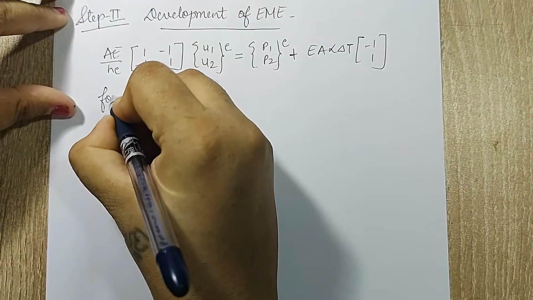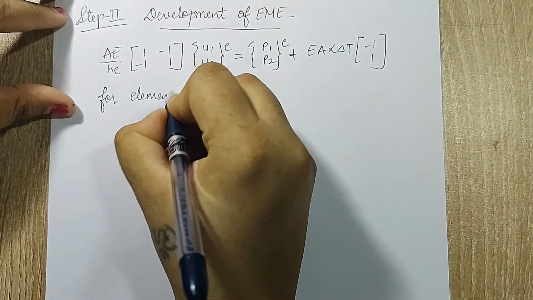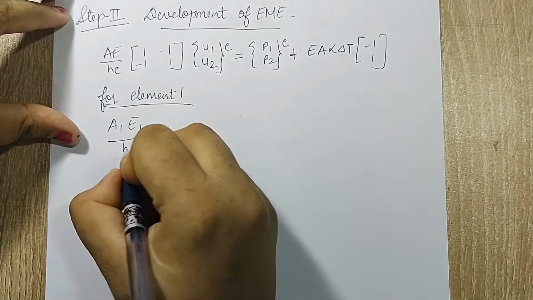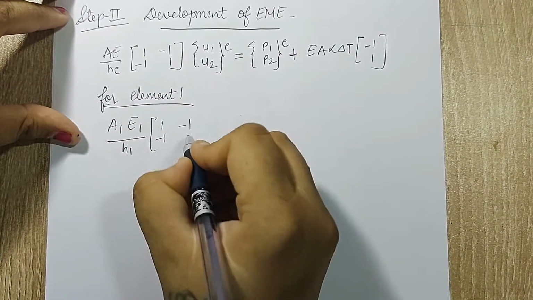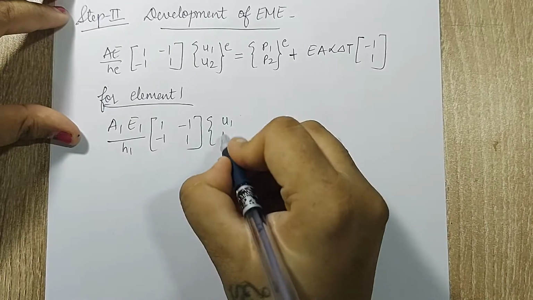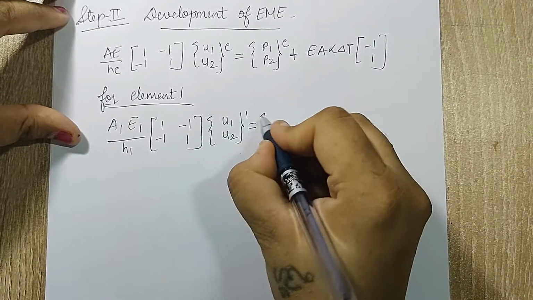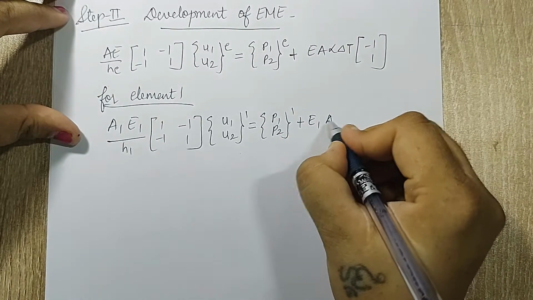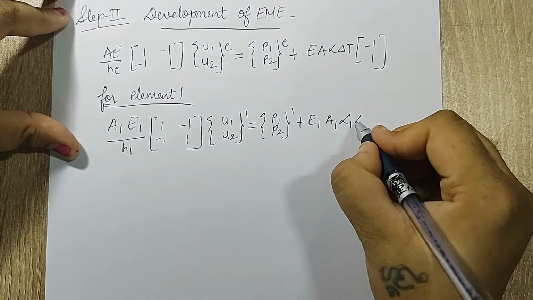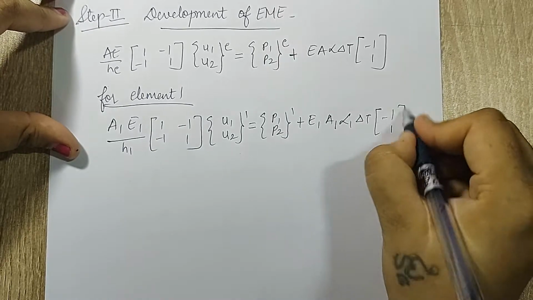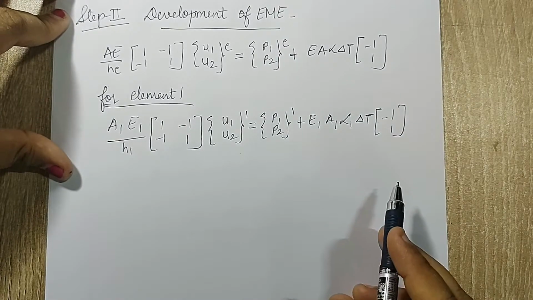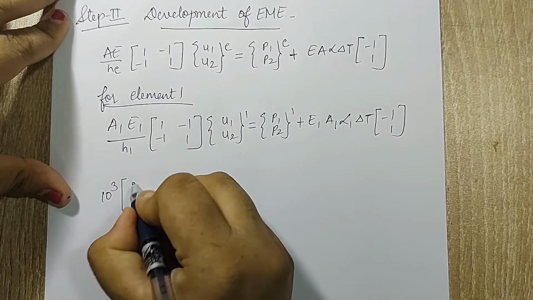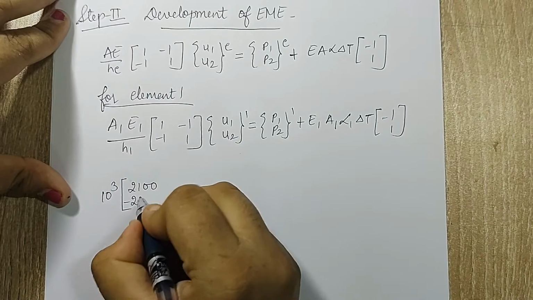I will solve for element 1. Area will be A1, E1, H1, times U1, U2 raised to 1, equal to P1, P2 raised to 1 plus E1, A1, alpha 1 and delta T, which is common for the entire body. Now when I substitute these values, I get the value as 10 raised to 3 times 2100.